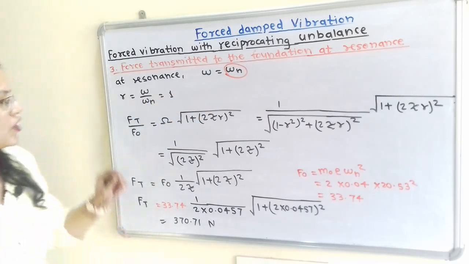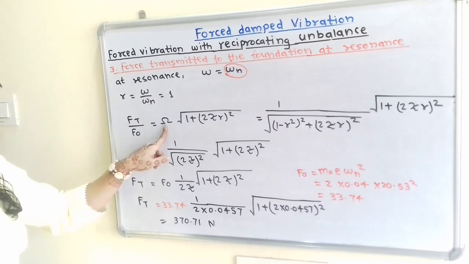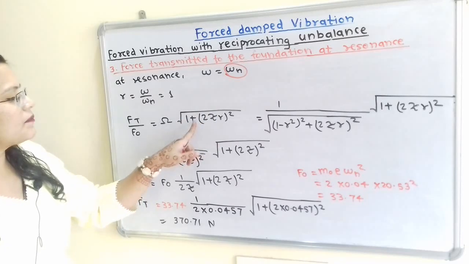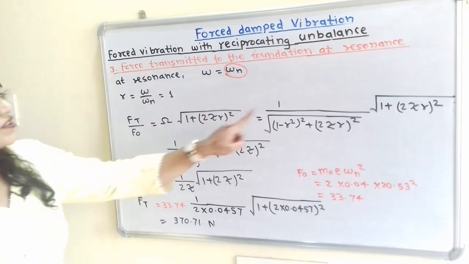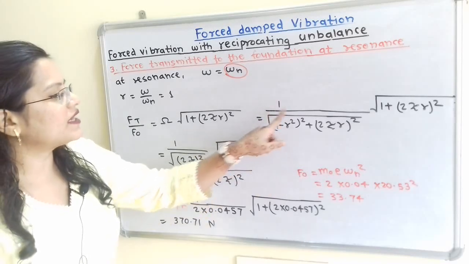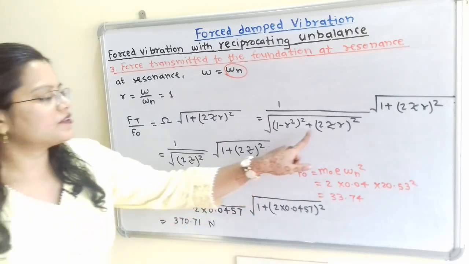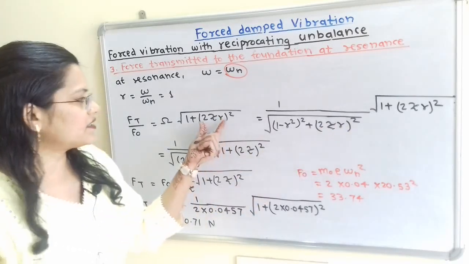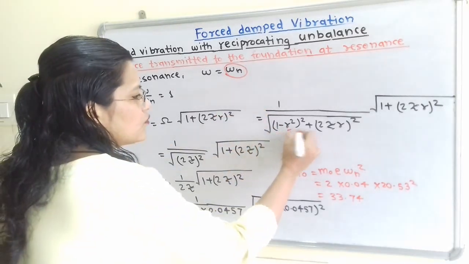So we have the formula Ft by Fo is equal to the magnification factor times under root of 1 plus (2 zeta r) whole square. For the magnification factor, we put the formula 1 divided by under root of (1 minus r square) whole square plus (2 zeta r) whole square, and the second term as it is. Now we put r is equal to 1.